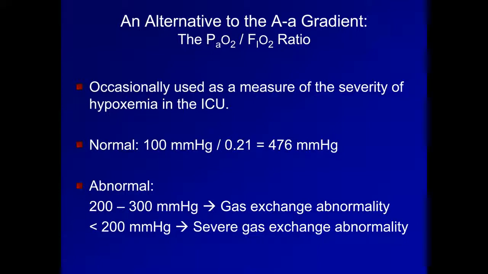The clinical correlate of this distinction is that a patient with multifocal lung opacities, no apparent heart failure, and a ratio of 200 to 300 is said to have acute lung injury, whereas if the ratio is under 200, the patient is said to have acute respiratory distress syndrome, or ARDS. The actual cutoffs of 300 and 200 are, of course, arbitrary, and thus so is the near meaningless distinction between acute lung injury and ARDS.